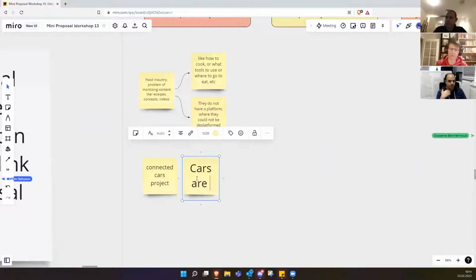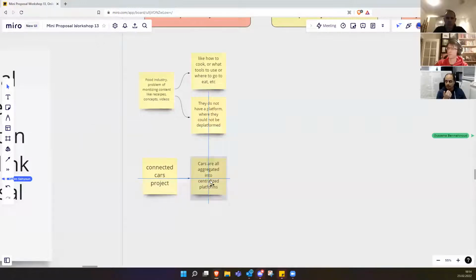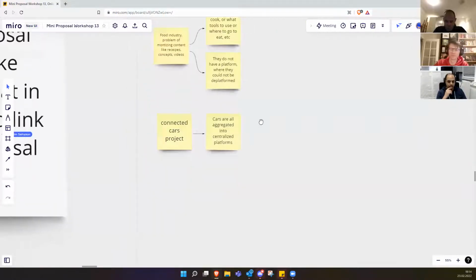There are just concepts of how to link cars to the blockchain, and they are all failing, and there are no actual projects. So this is the problem. And there is also a problem of security. The blockchain can solve that problem of availability of the servers. But we can say all cars are aggregated to centralized platforms.